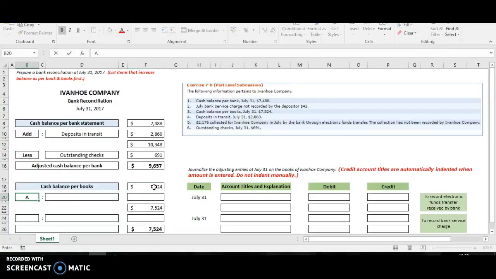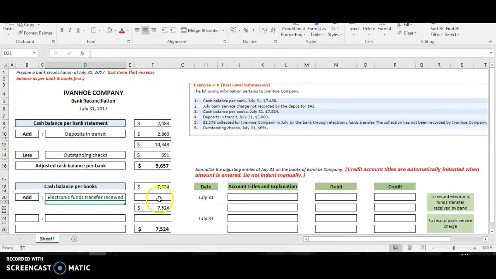To that, we're going to add the electronic funds transfer receipt, which is telling us that it's going to be $2,176. And after that, we're going to deduct the bank service charges.